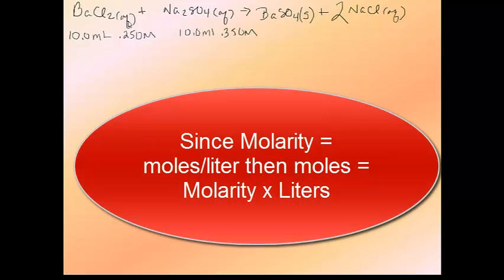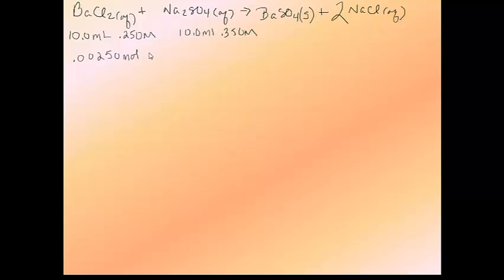This is in a separate container. According to logic, I have 0.00250 moles of the barium chloride. Moles is equal to molarity times volume, which gives me this moles of barium chloride.